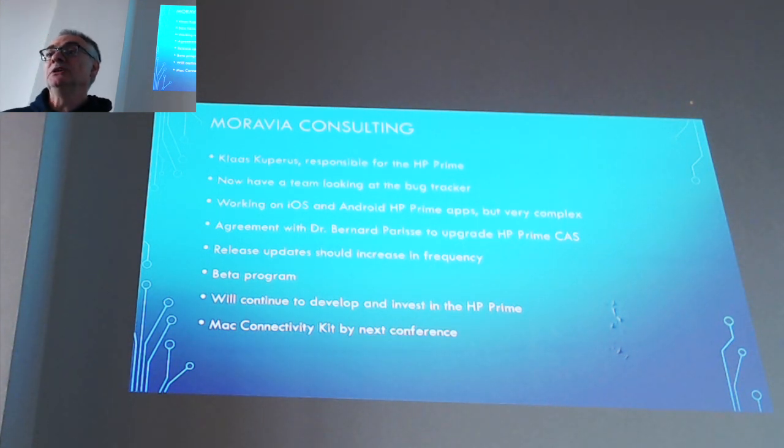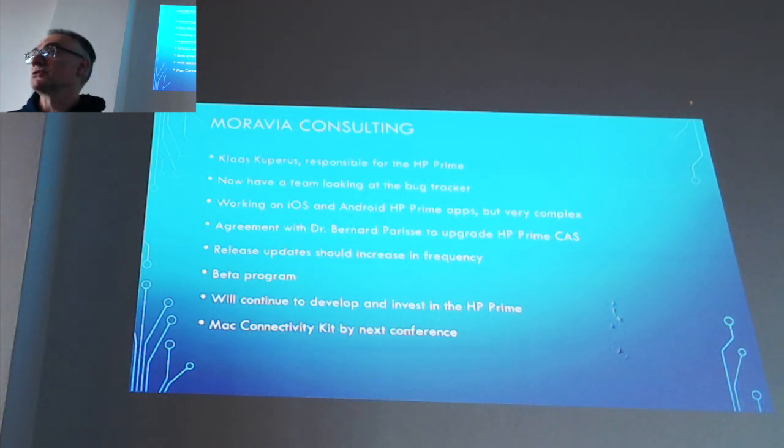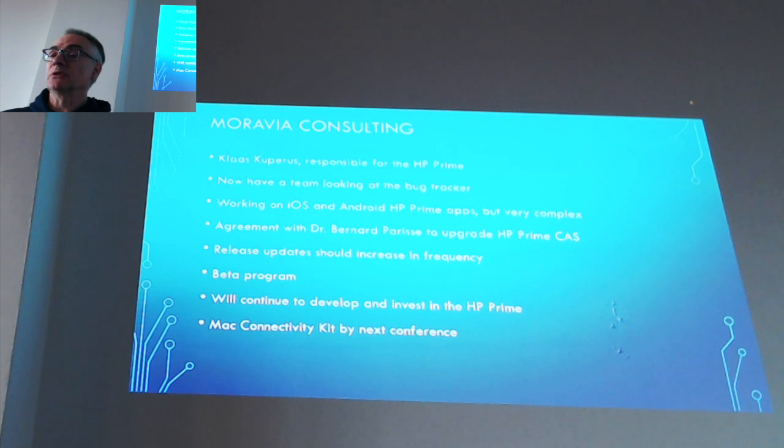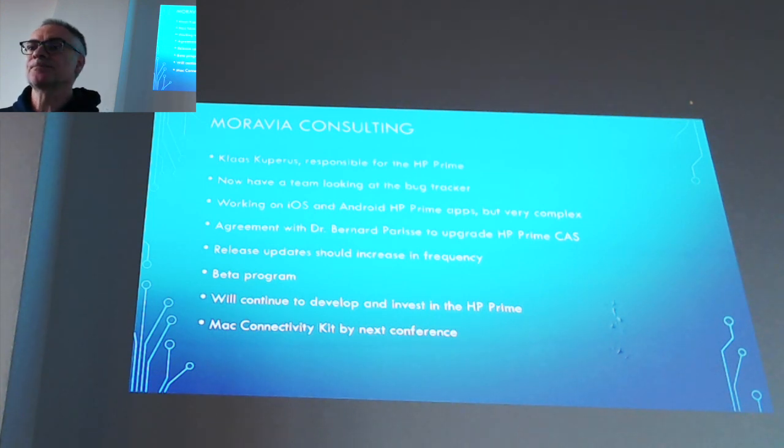They have reached agreement with Dr. Paris to update the Prime CAS, so he is going to update it to the latest version of his CAS software, which is good. We should see release updates increasing in frequency. They're going to have a beta program, so they will be releasing beta software for us enthusiastic testers to test.